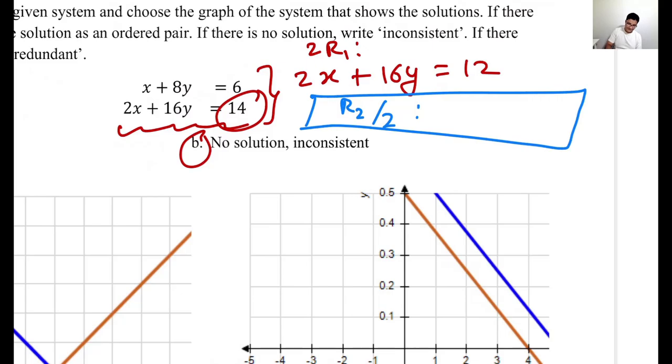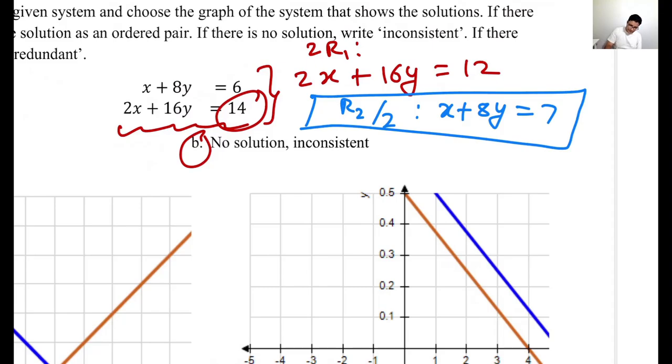You don't have to always modify R1. In the same original system, not the new system. Suppose the first thing you did is R2 divided by 2. You will get x plus 8y equals 7, because everything has a factor 2. That's easy. Actually, I should have done that first. So you get x plus 8y equals 7.